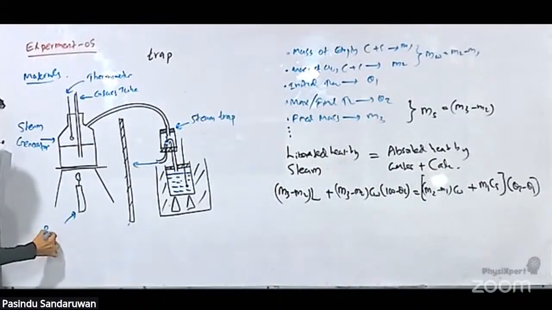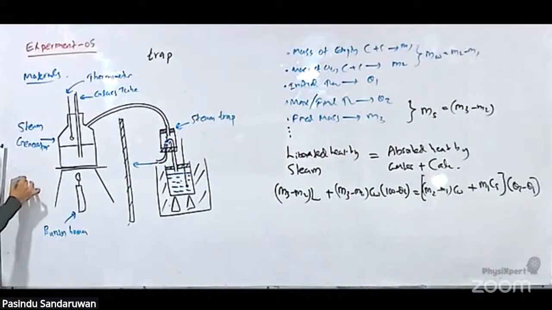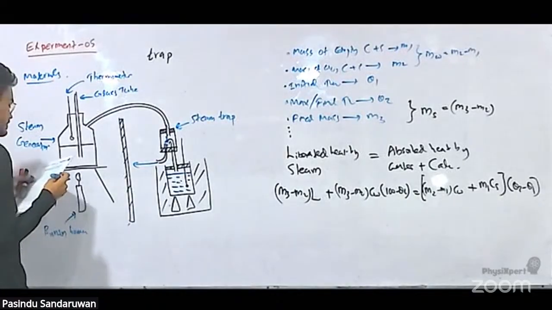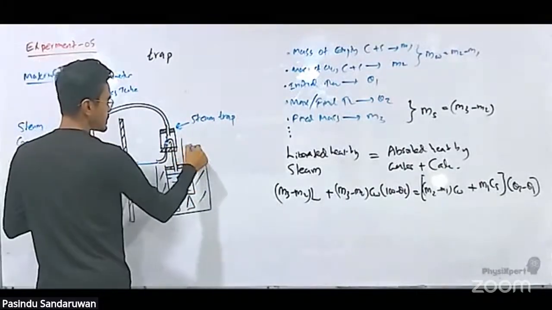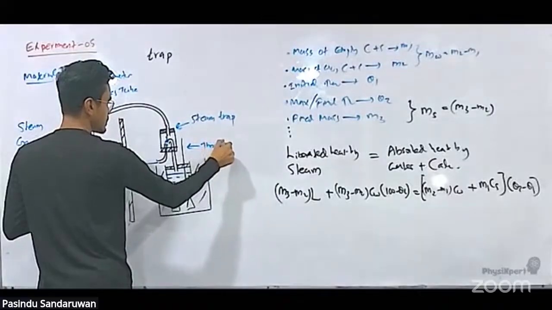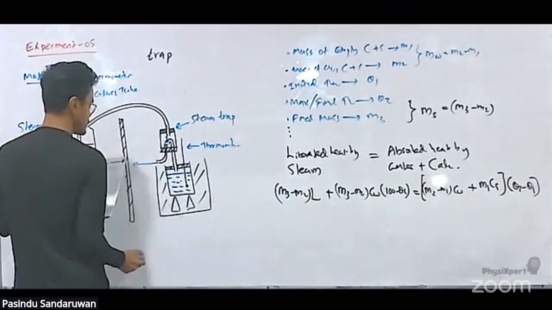Bunsen burner, tripod, right? Then steam trap, thermometer again, thermometer, right?